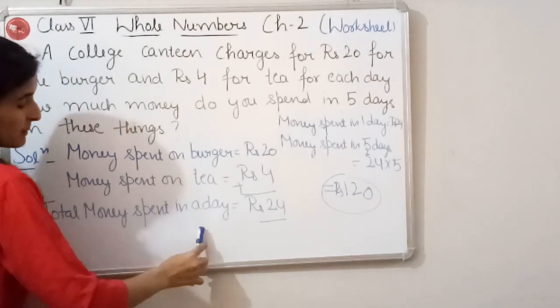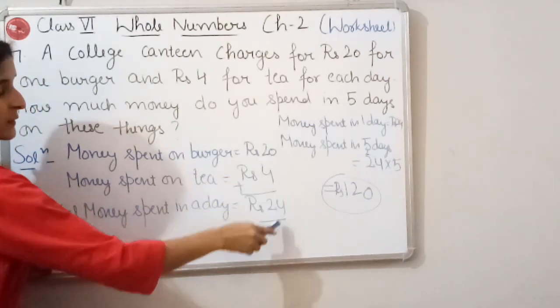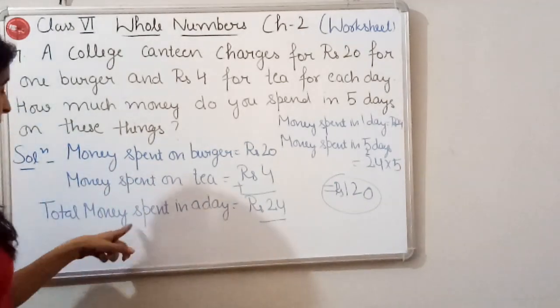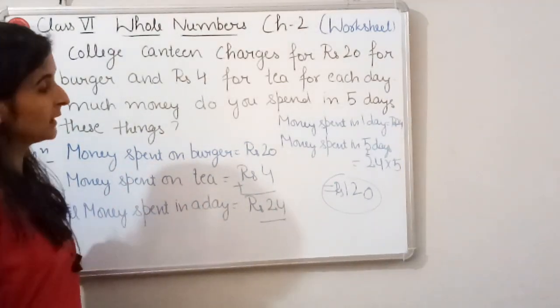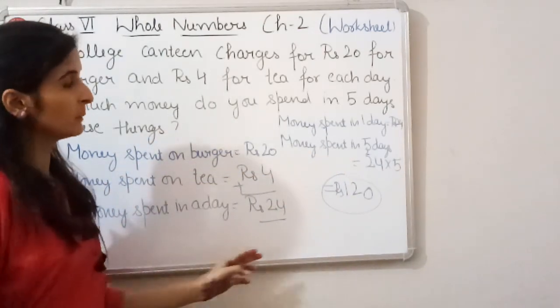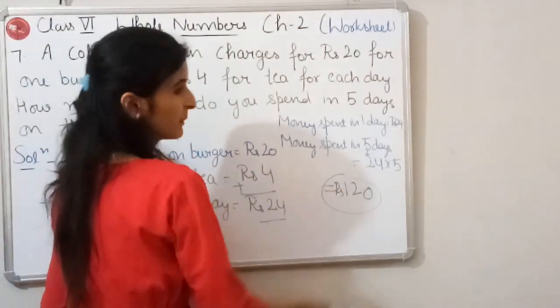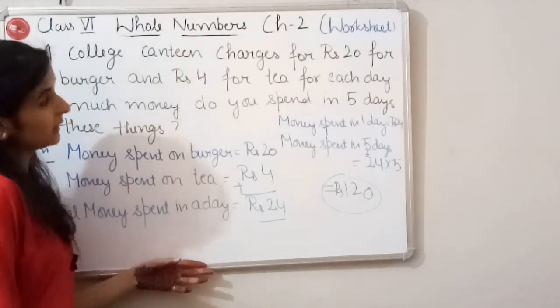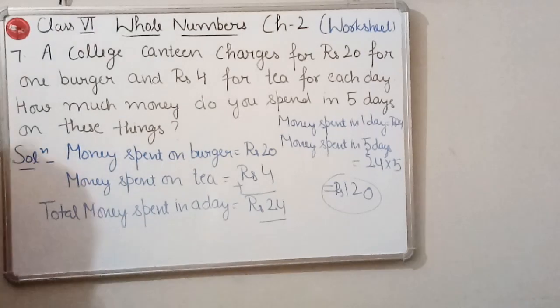So total money spent in a day will be 20 plus 4, that is ₹24. Now we have got the money spent in one day. So we can find out the money spent in 5 days, which will be equal to 24 multiplied by 5, that is 120. Okay. So that is the solution of question number 7.